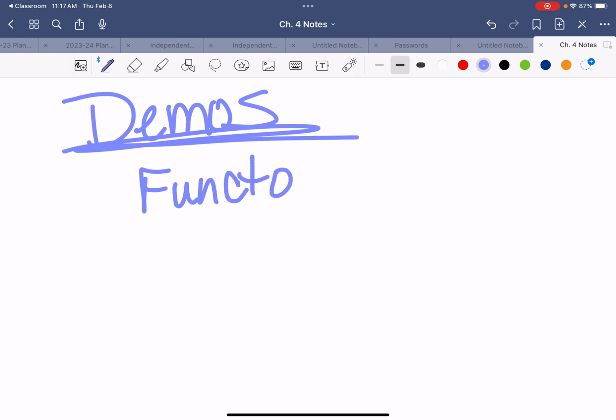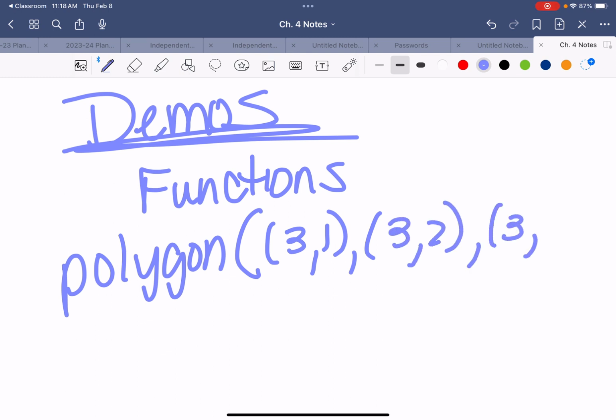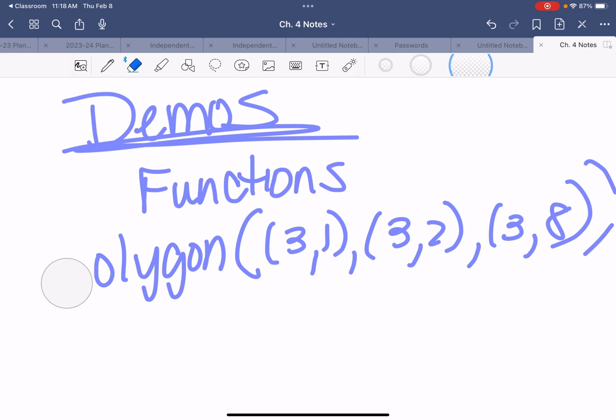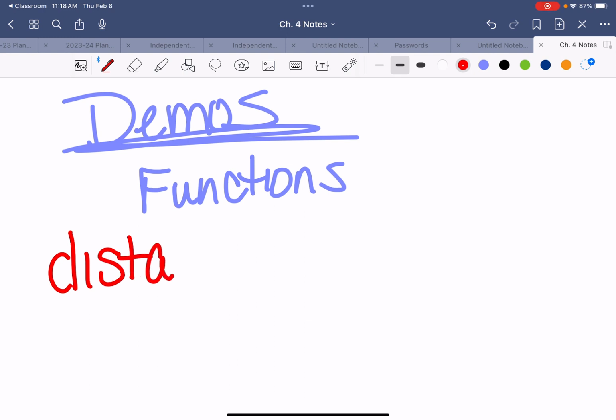I've already told you about how you can write polygon, parentheses, and then put in your points, and it would graph the triangle for you. Well, there are some new functions that we just found that are amazing.